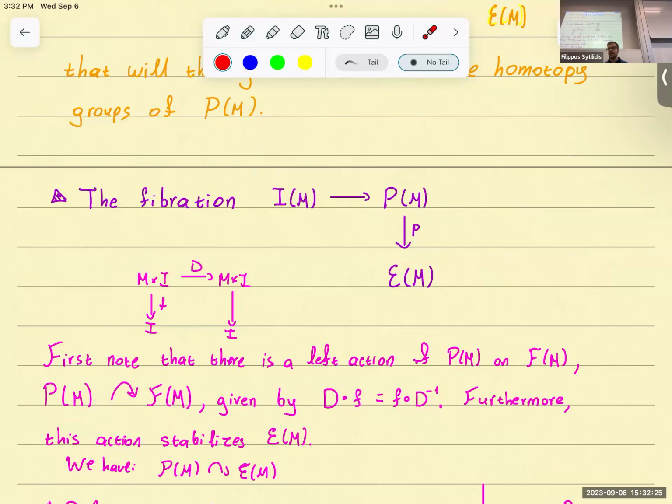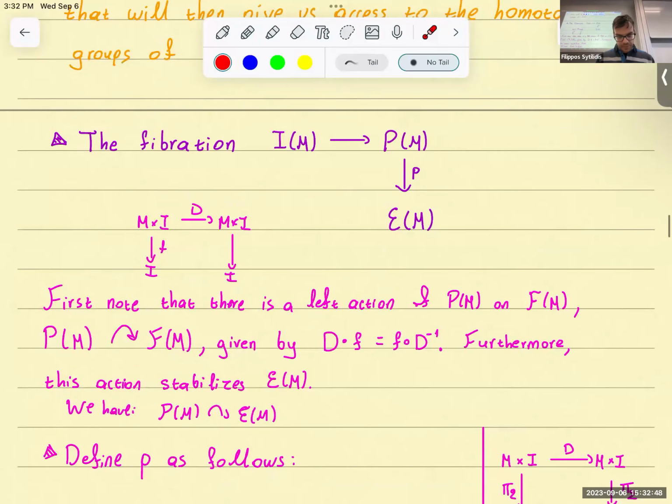I can't do that if P is any old map. I can do that in some favorable situations. So if P happened to be a fiber bundle, I would have a long exact sequence of homotopy groups associated to it, and I could gain such information.